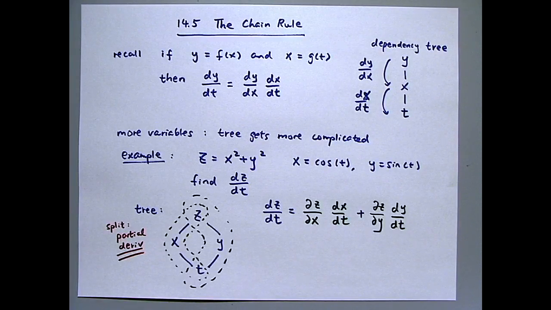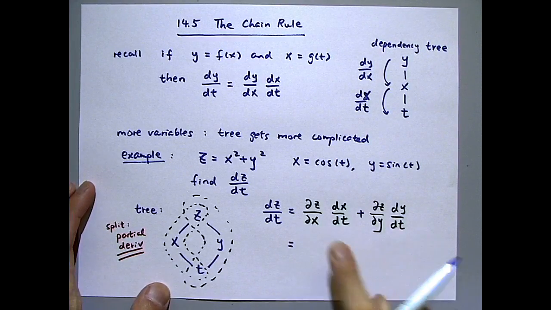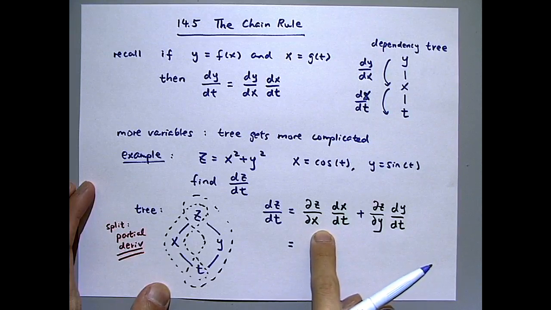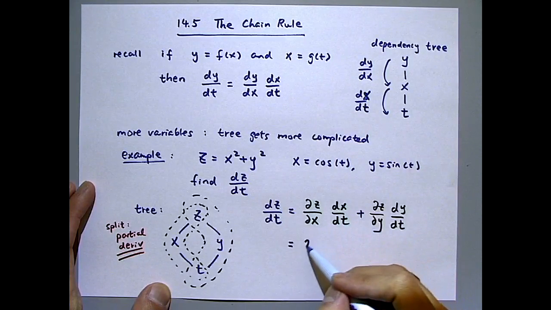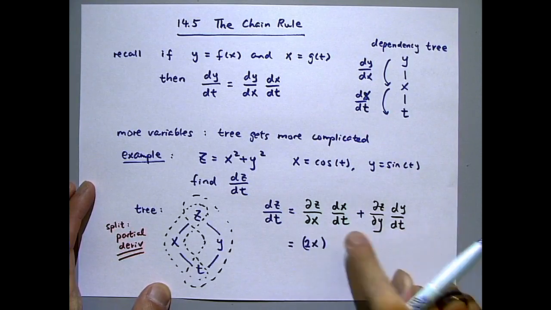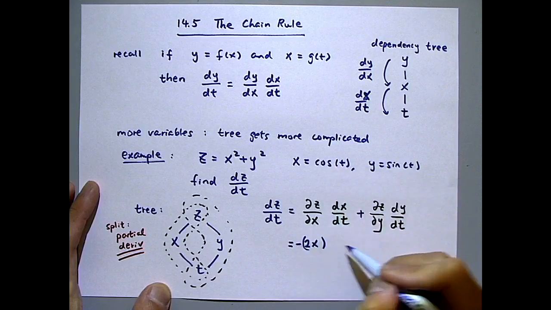Does that make sense? Yes? Good? All right, then let's figure out these parts. Partial derivative of z with respect to x, that's just 2x. Derivative of x with respect to t is negative sine t.